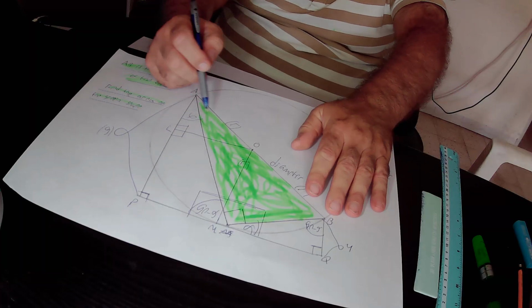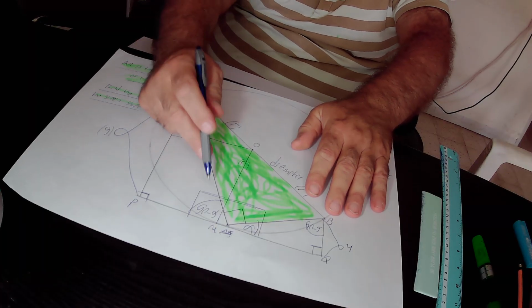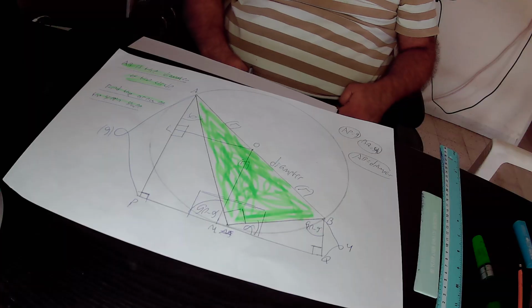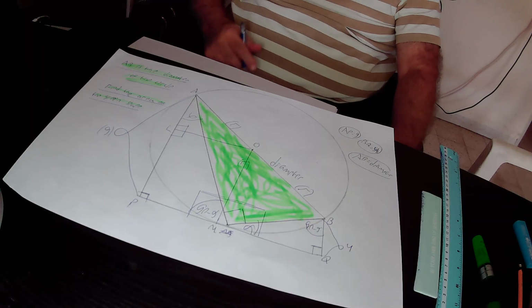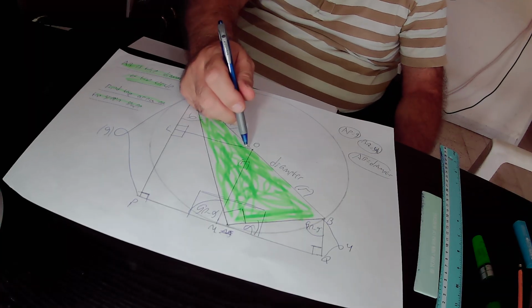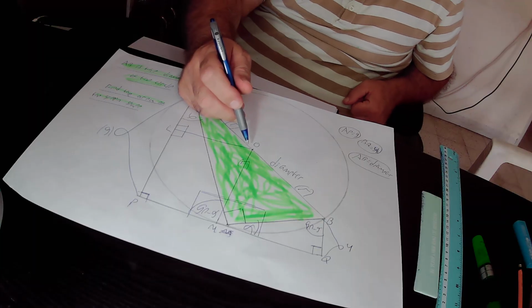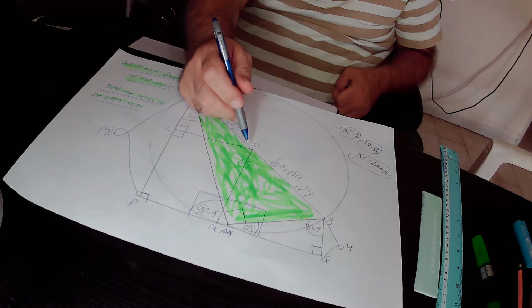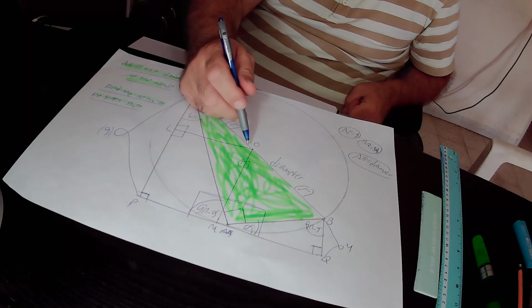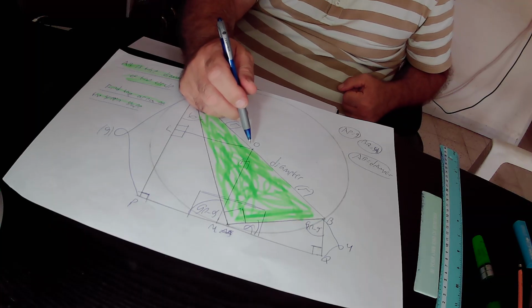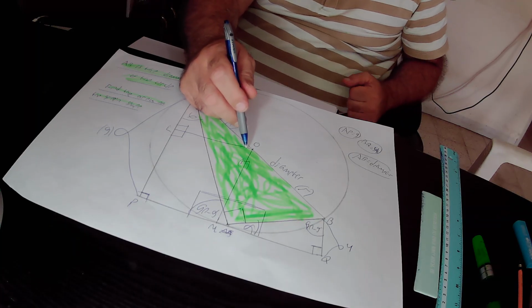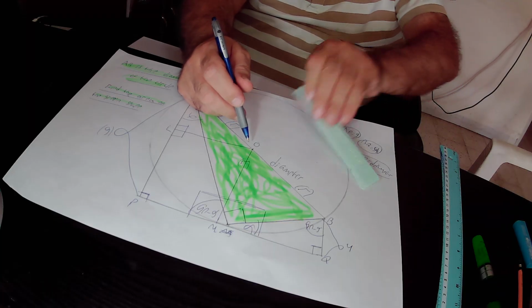In quadrilateral LOMP, we have 1, 2, 3 right angles. The sum of 3 right angles is 270 degrees, so 270 degrees plus the size of this fourth angle must be equal to 360 degrees, according to the rule that the sum of the angles in any quadrilateral is equal to 360 degrees. Therefore this fourth angle must be equal to 90 degrees.